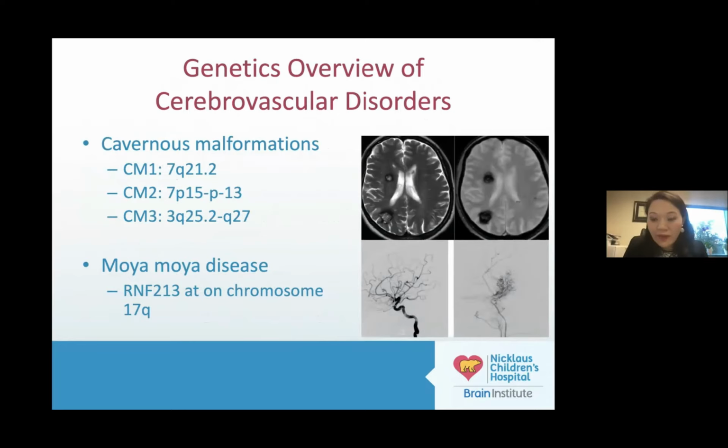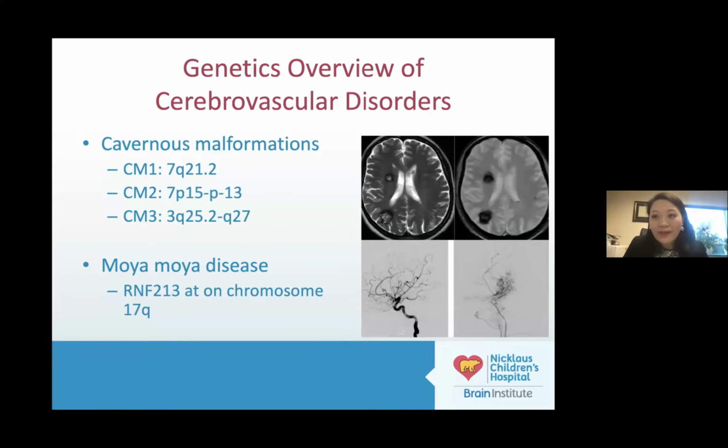So we have had greater understanding into the genetics of cerebrovascular disorders over the past couple of decades. Certainly it has been discovered that familial cavernous malformations can be a result of one of 3 different genes, and these genes are CCM1, 2, and 3.